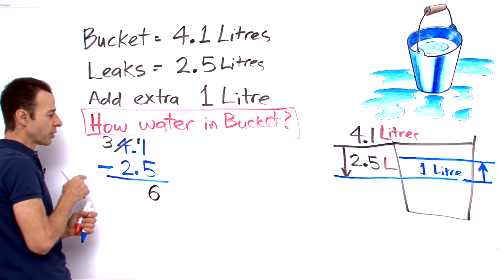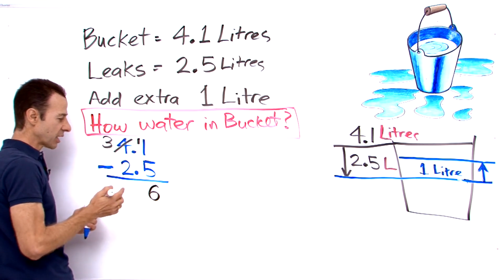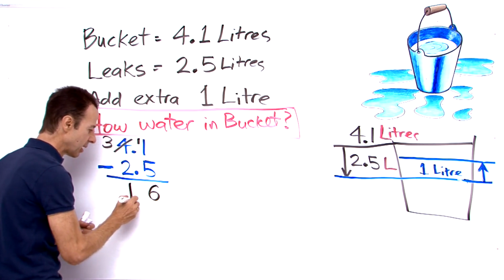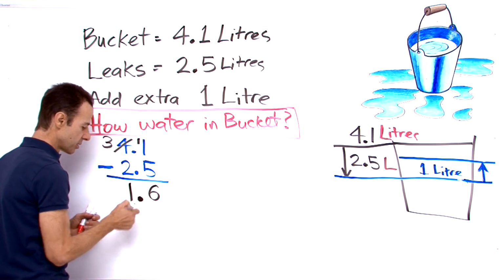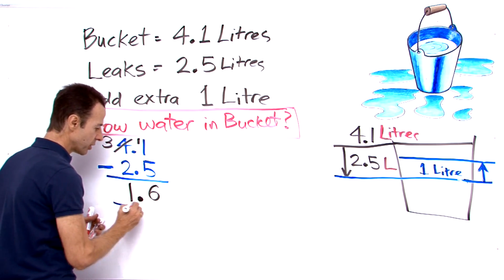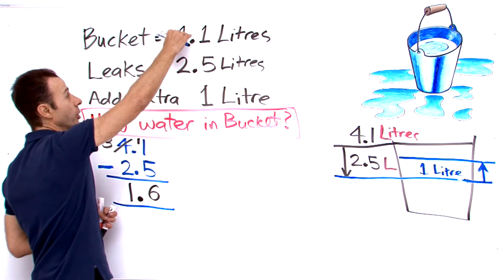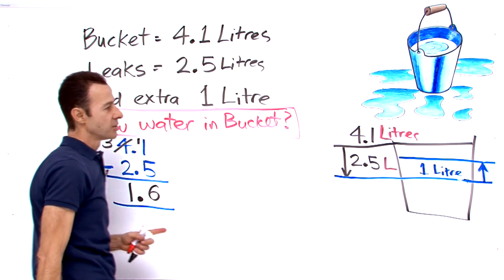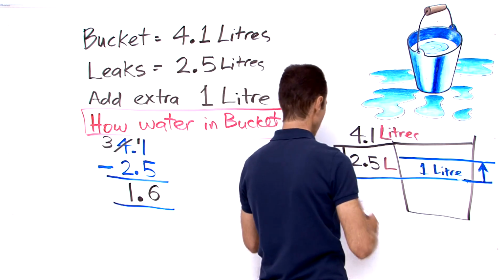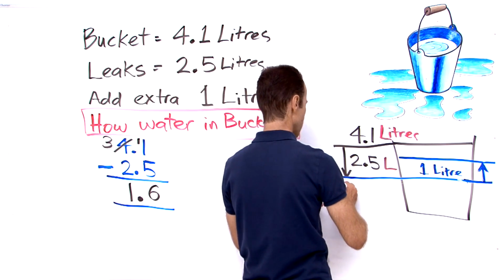Now that 4 turned into a 3. 3 subtract 2 leaves us with 1. Let's take that decimal point and put it right in the middle between 1 and 6. So we have 1.6 litres. So 4.1 lose 2.5, leaks out, we got 1.6 litres.